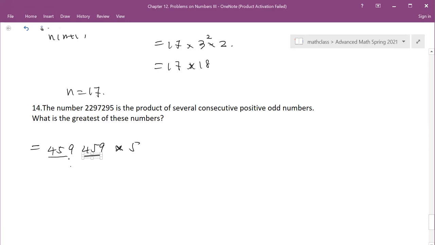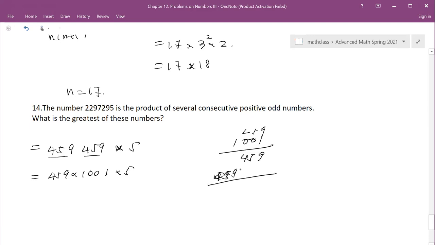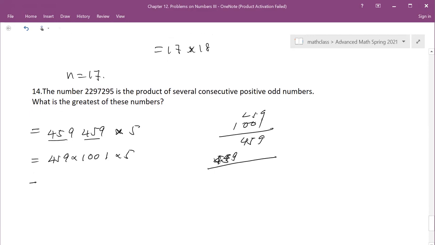This is going to be 1001 times 459 times 5. Add them together and you get this 6-digit number. So the next step is to continue factoring those two bigger numbers.